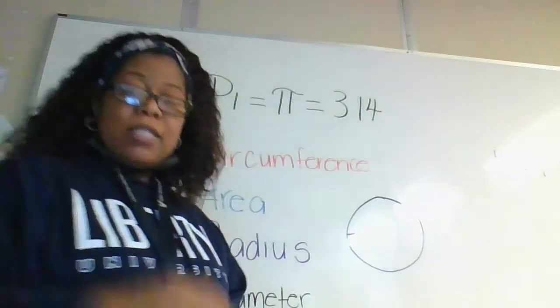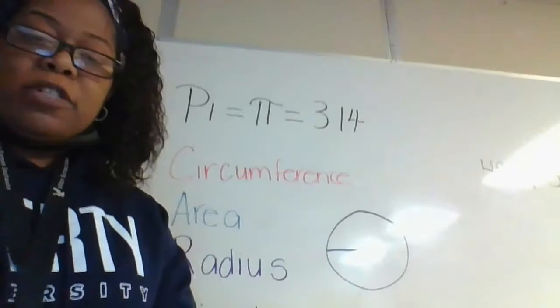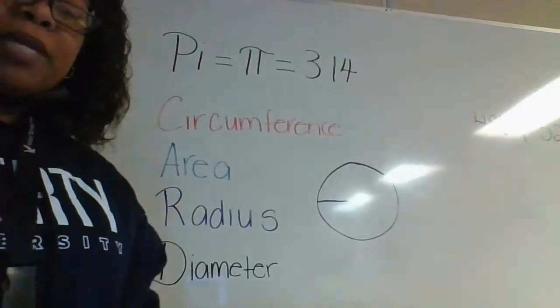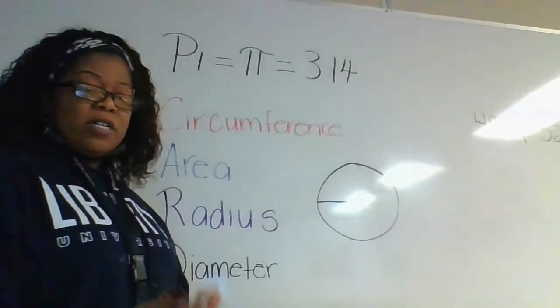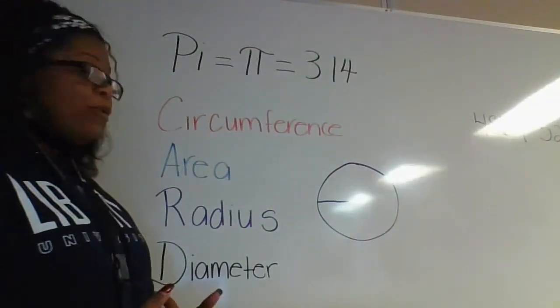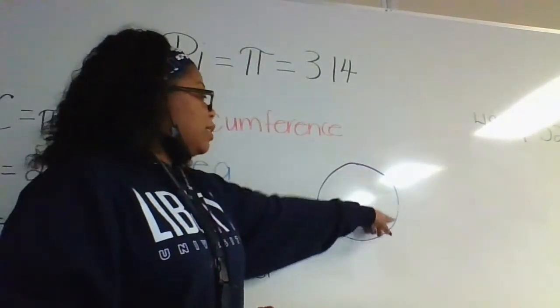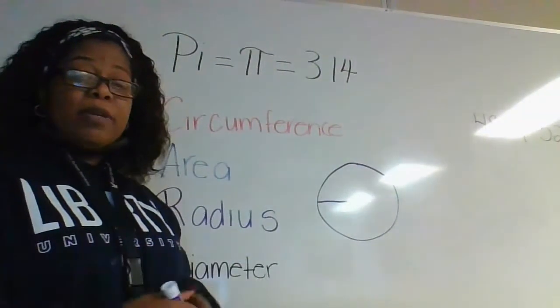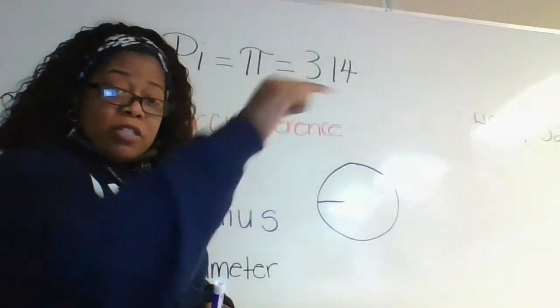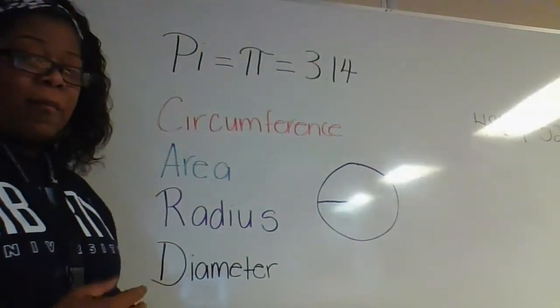So the radius is the measurement of the halfway point of a circle. Y'all got it? And the halfway point can be anywhere. It can be here, it can be there, it can be on that side, it can be wherever. But it's just half the measurement from the middle of the circle to the end. So the halfway point of the circle, that is the radius. All right?